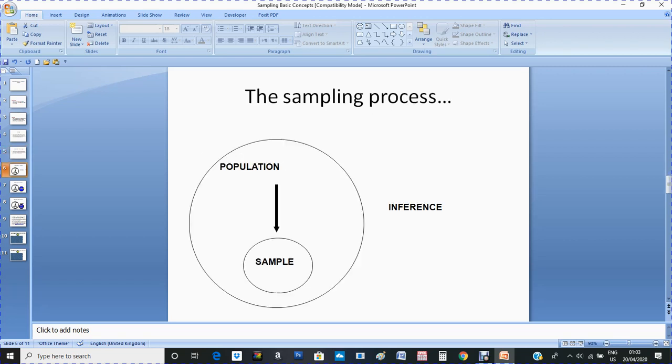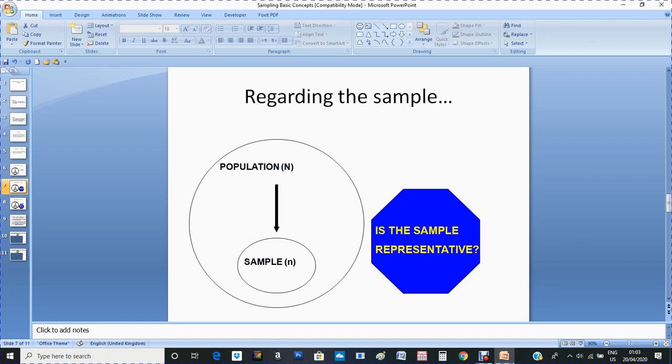If it is not representative, then we cannot generalize the inferences. Now, suppose that the large group represents the population and we select from this population the smaller group, the sample. Now we are looking for inferences after data analysis. Is the sample representative?